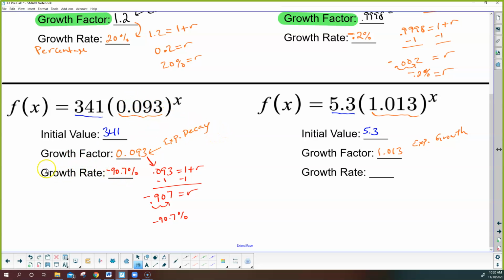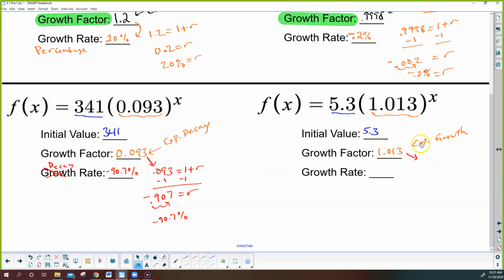So if I'm saying this, I would really call this a decay rate. And then if I call it decay, I don't need the negative right there because the word decay implies that this is going down. So you just have to be really careful with if you put a negative here or not. All right, and it's mostly when you're answering kind of like that word problem.